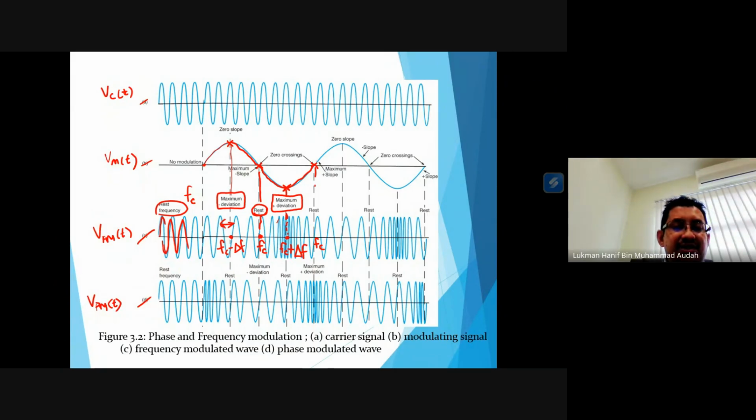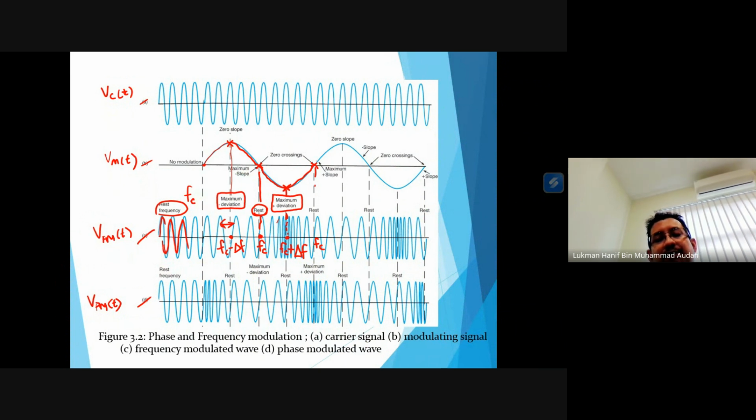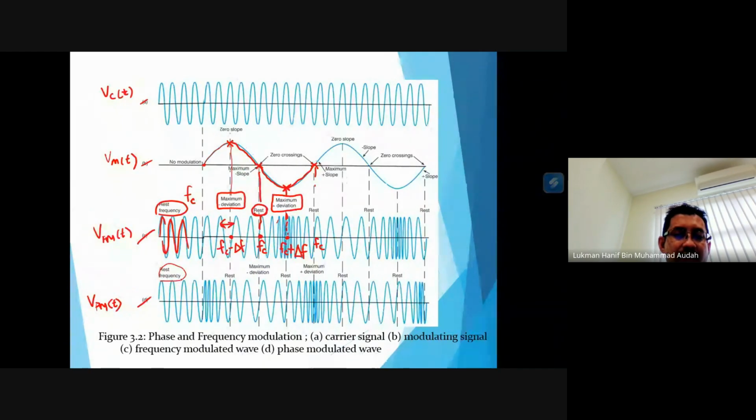And for the PM signal, if we go through picture D, you're going to see that the critical change only happens during the zero crossing. At the beginning, it is a rest frequency where the carrier is at Fc. Then we have the input signal starting from zero.